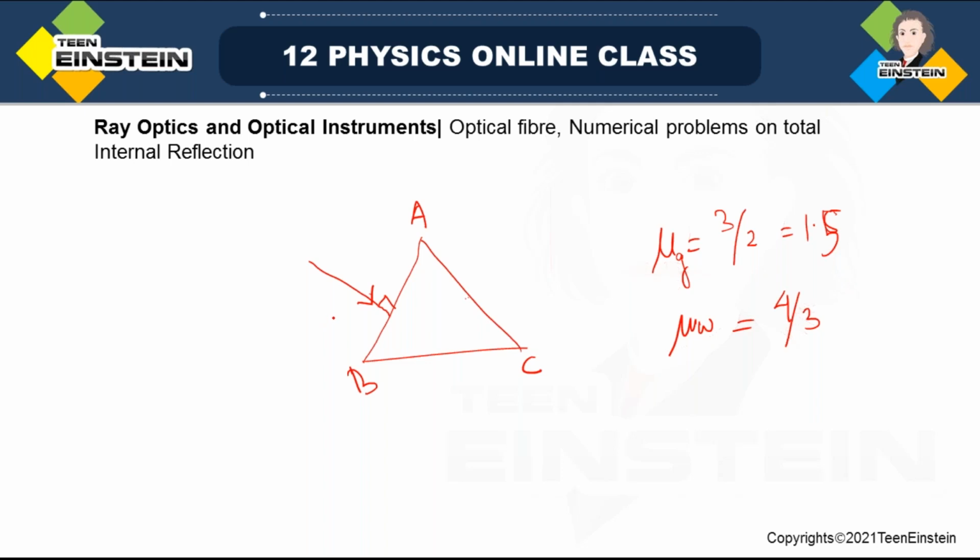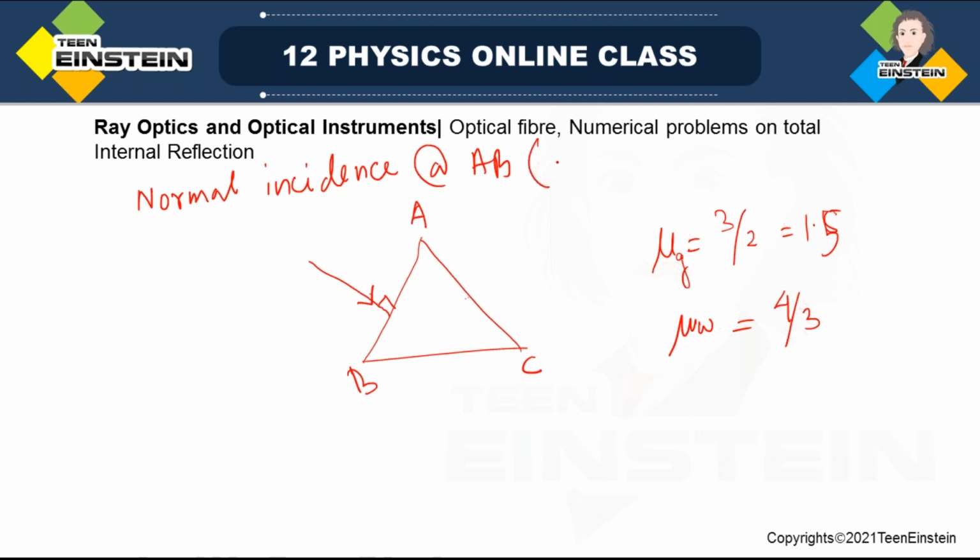This is a kind of question which is asked in the CBSE board exam. I hope you have understood the question. I'll just write a little bit. A ray of light is falling normally, normal incidence at AB.